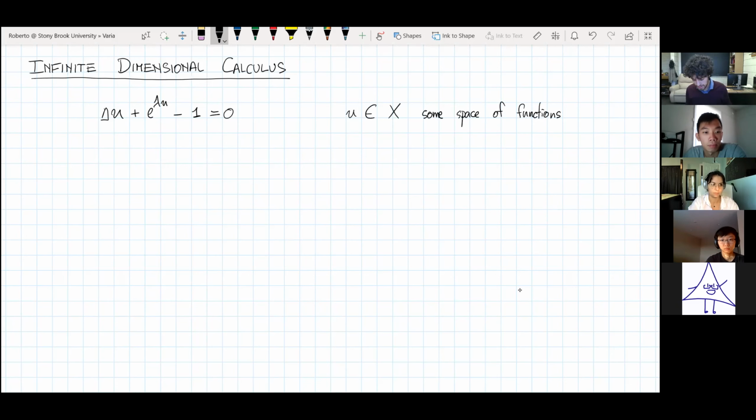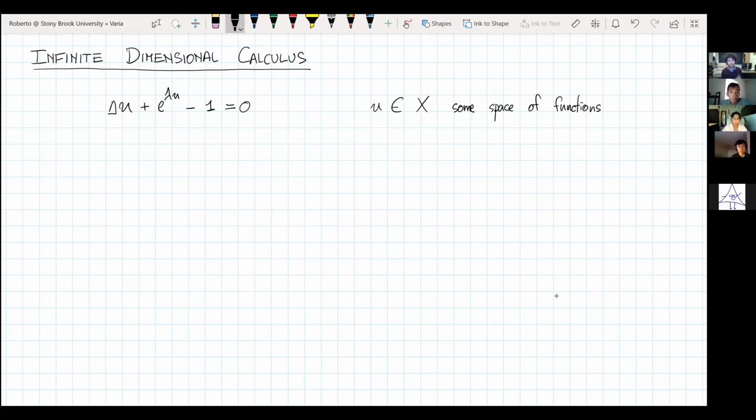But if you want to be a bit more concrete, you can think of X as the space of C^{2,alpha} functions, functions with two derivatives plus a bit more, on R^n. But it's not really important here. The important thing is the structure of this X as a space. And lambda is some parameter in R.